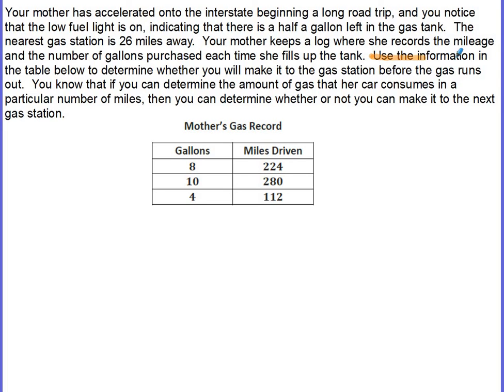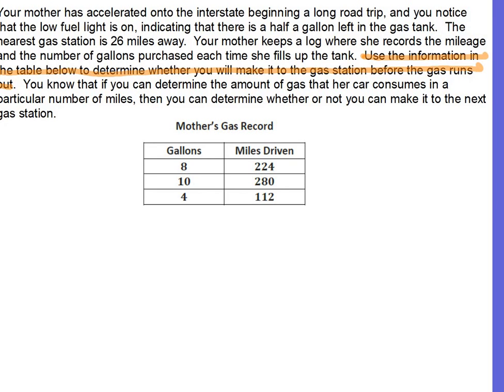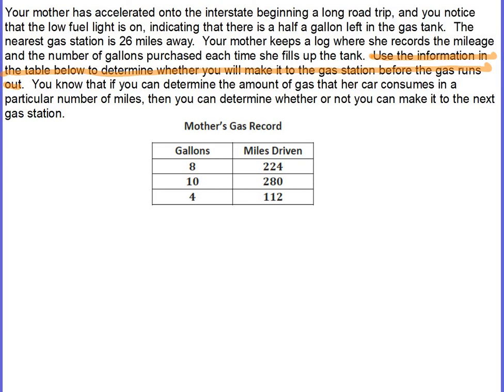Here's what we want to get done. We're going to use the information from the table to determine if we're going to make it. So what this means to me is if I can figure out if this relationship is proportional, then I can create an equation to figure out if I can make it that far.